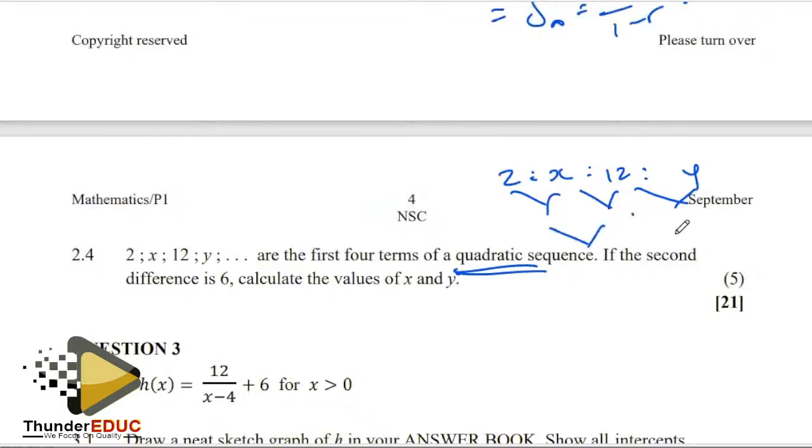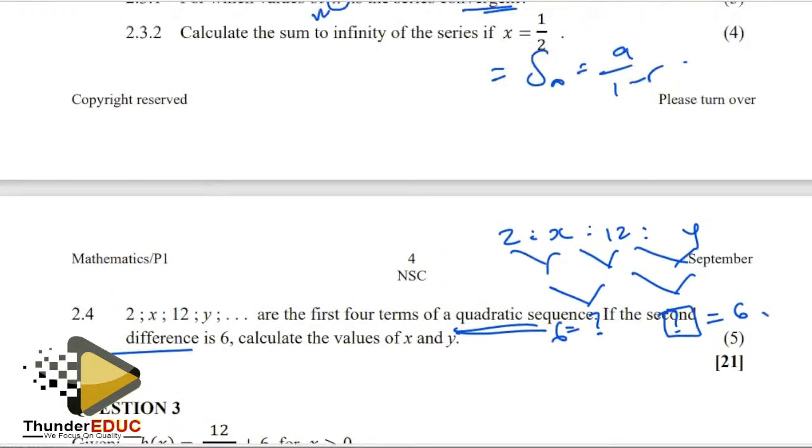But then they're telling us that the second difference that we're going to have here must be equated to a 6, according to the information given. So whatever we get here is a 6, and then whatever we have here must also be a 6. So in that way, we shall be able to solve x and y. And one other thing that we need to remember is that it's also possible for simultaneous equations to be brought just in the format of sequences and series.